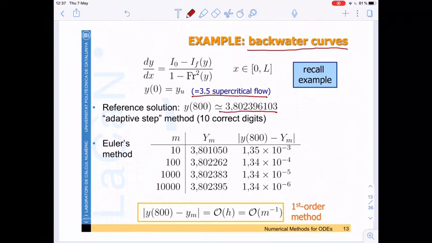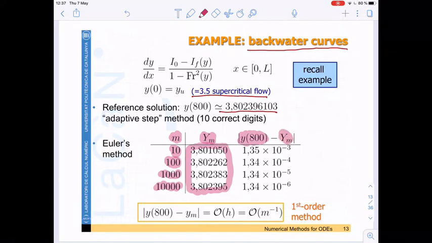We are showing here the solution obtained with Euler's method by increasing the number of subintervals, going from 10 to 100, 1,000, and 10,000 intervals. These values here are the approximated values, and what we are portraying here is the error between the very accurate, exact between quotes, solution and the approximation provided by Euler's method.